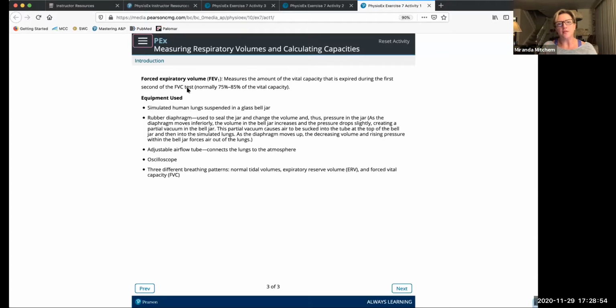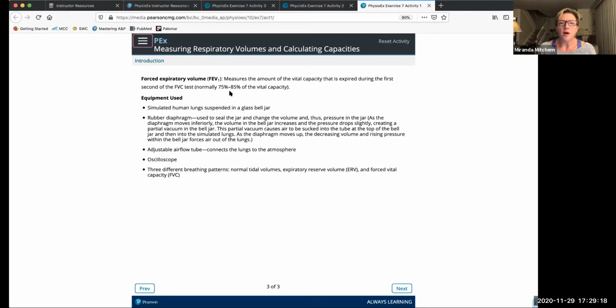And since this is a fraction, right? We've got the same proportional change in the numerator as in the denominator. So the value doesn't change because they're both impacted the same way. But when we see this ratio less than 80%, that is when we know that it's restrictive disease.